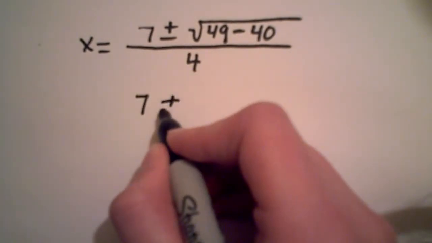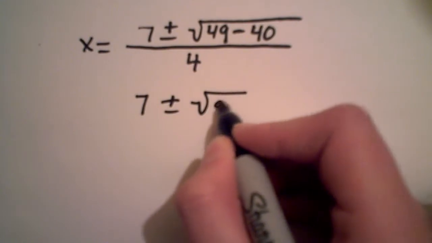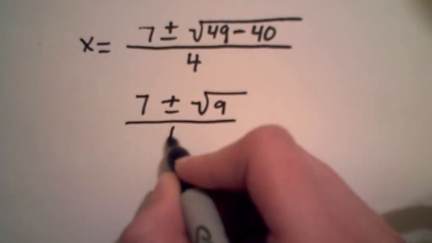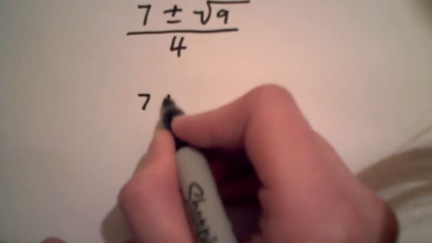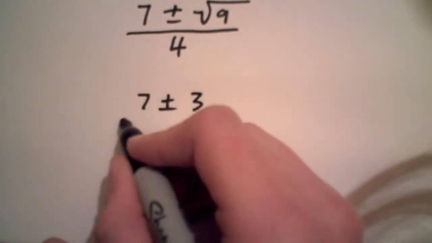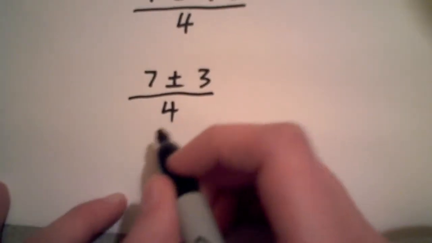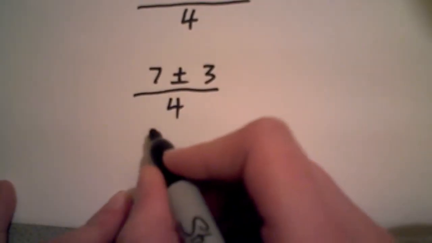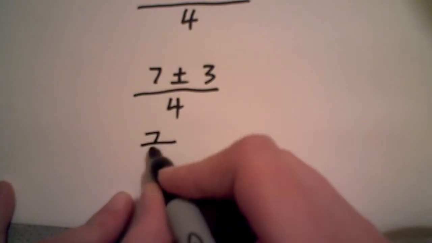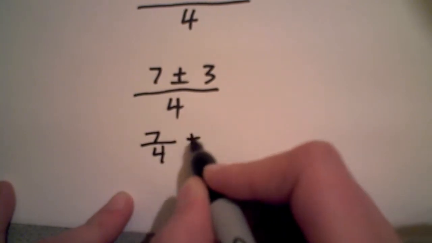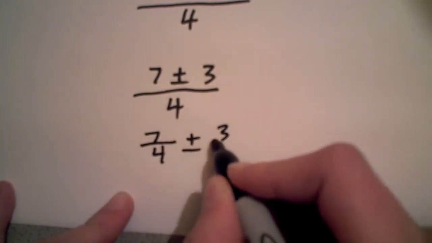Again, 7 plus or minus the square root of 9, divided by 4. So the square root of 9 is 3. 7 plus or minus 3 divided by 4. So I'm going to write this 7/4 plus or minus 3/4.